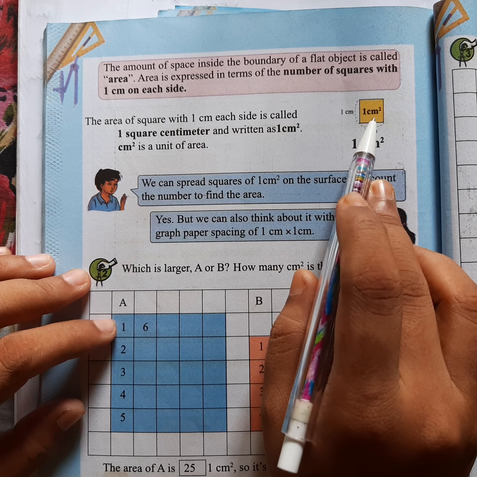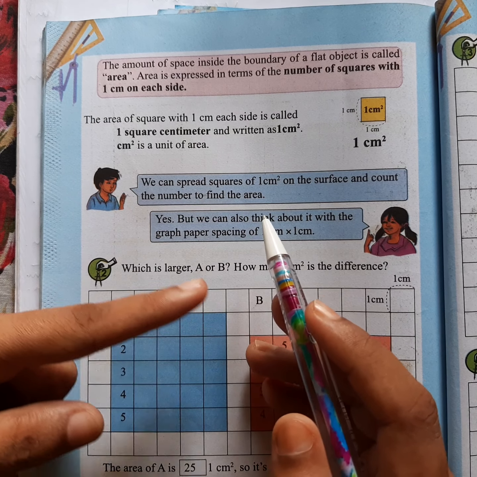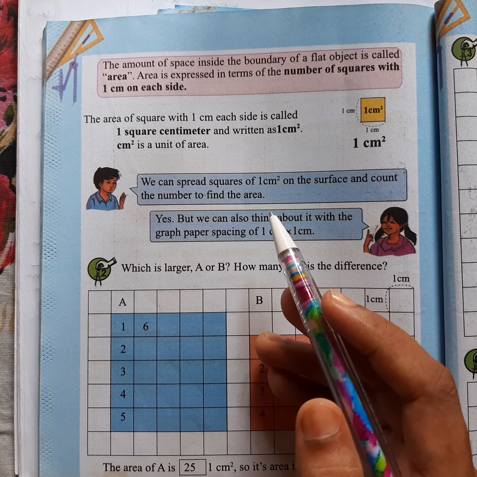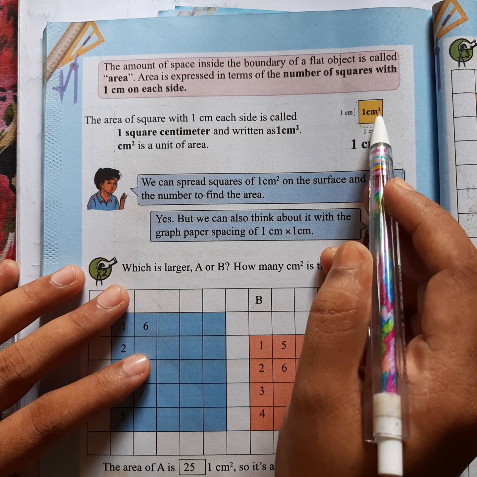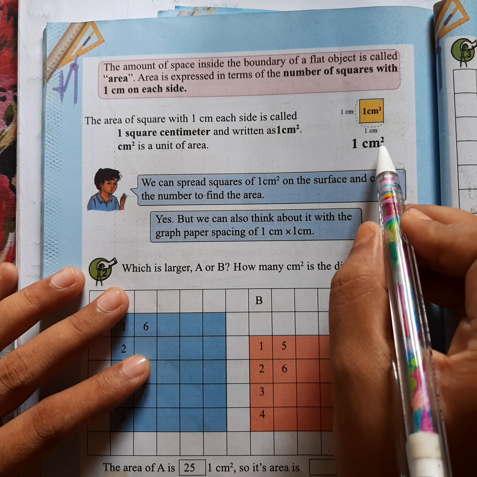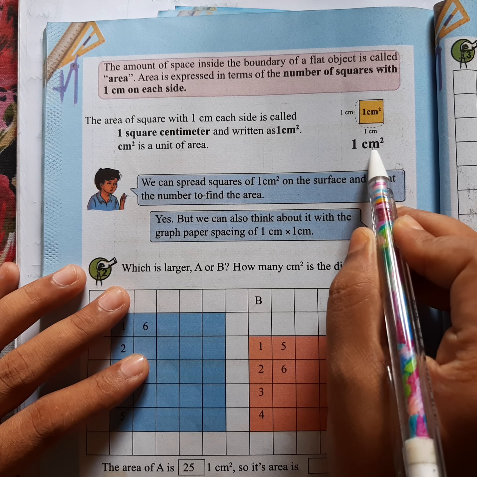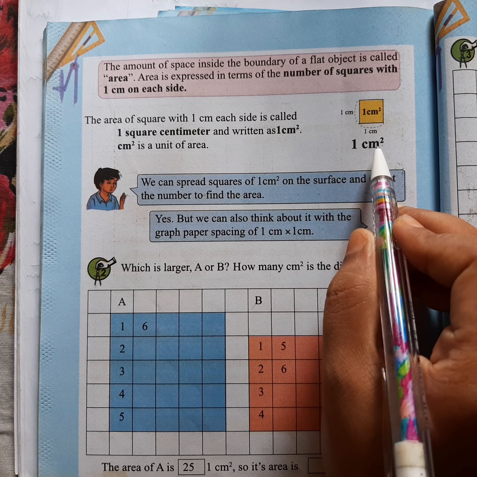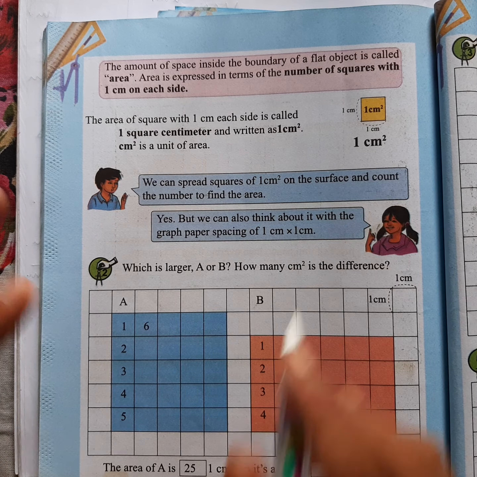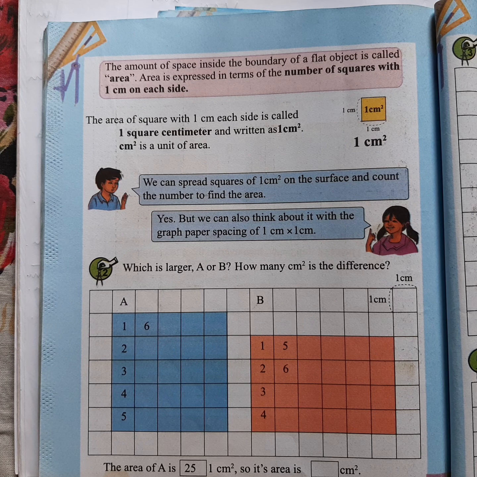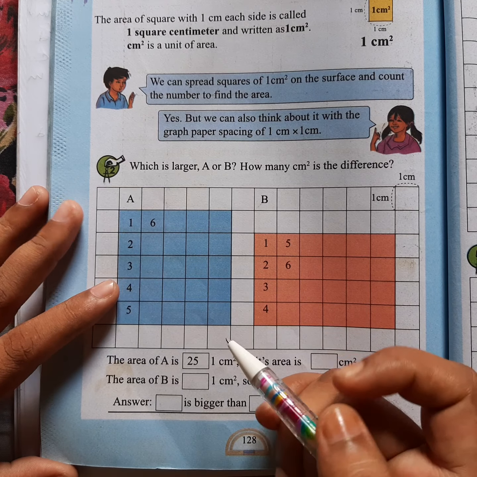Basically it is a square whose side is 1 centimeter, and when we multiply side into side, which I already told you is the formula for the area of a square, we get 1 square centimeter. The small 2 on top of centimeter is called square. So while doing this kind of math, we say square centimeter or centimeter square. I keep saying centimeter square because I'm habituated.